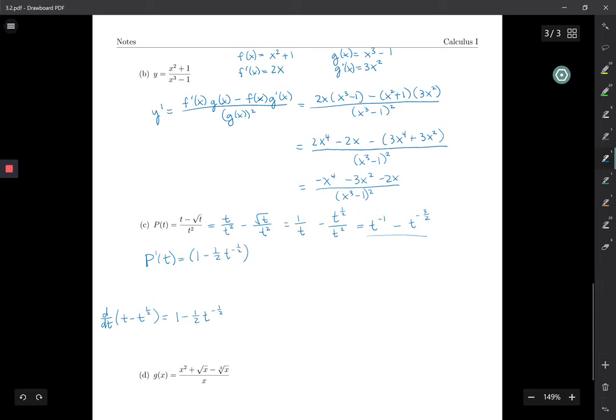And then we multiply by the denominator, t squared, minus the derivative of the denominator, which is 2t, times the numerator, t minus square root t. And then don't forget that this whole thing is over t squared squared, right? So this is a case where it's probably nice to simplify the denominator.